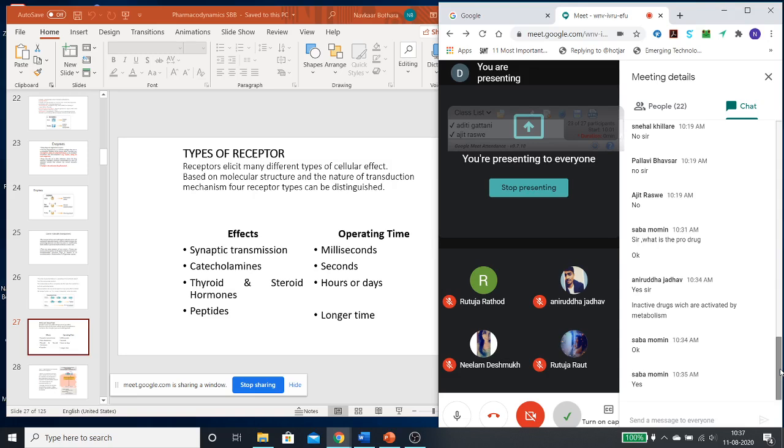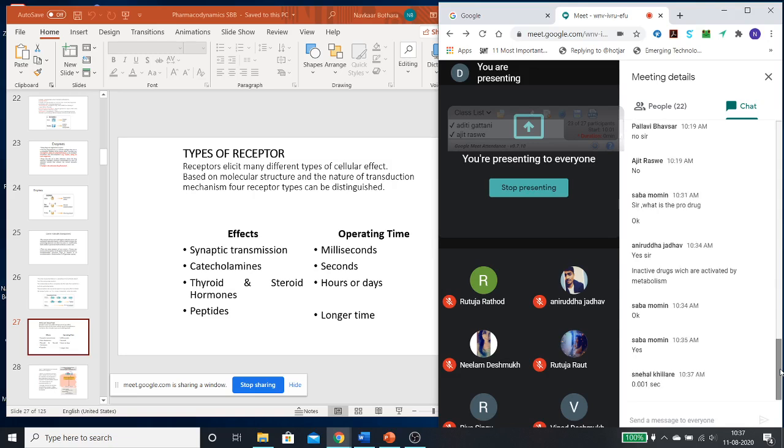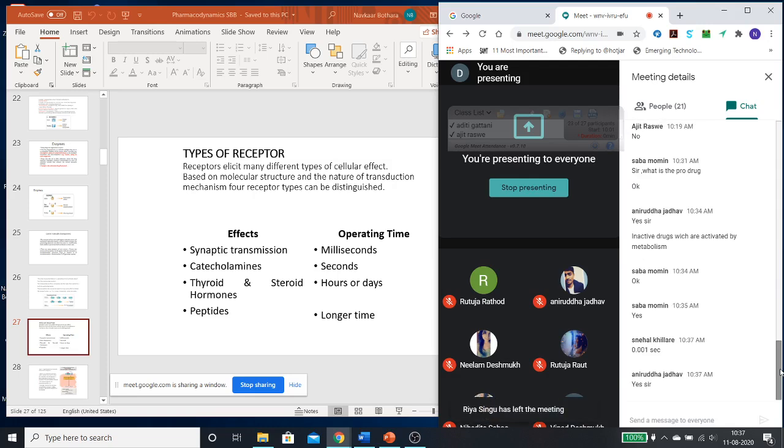So 1 upon 1000 seconds is equal to 1 millisecond, or 10 raised to minus 3 second. So some drugs can show action in milliseconds after binding to receptor, while some take some seconds, some take hours or a day, some take longer. You understood now on what basis it is taking time.